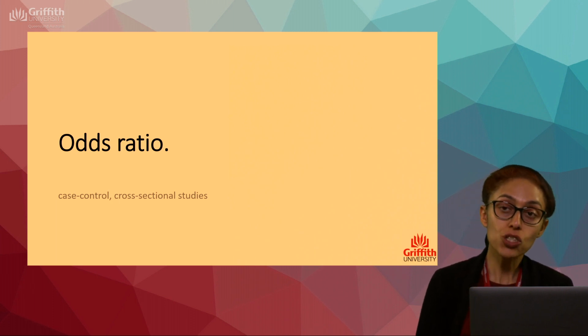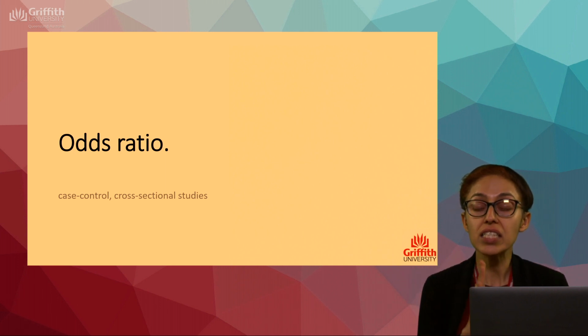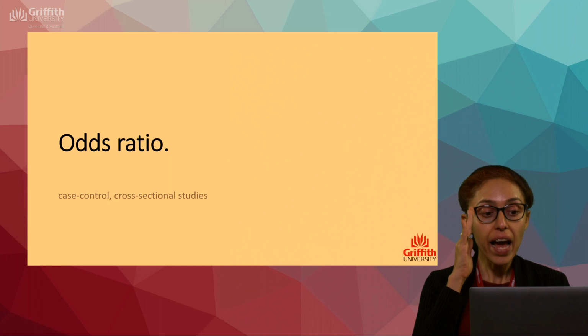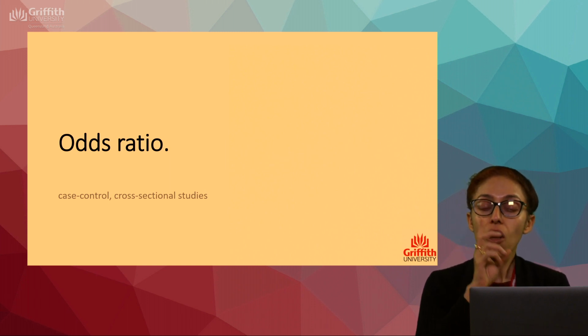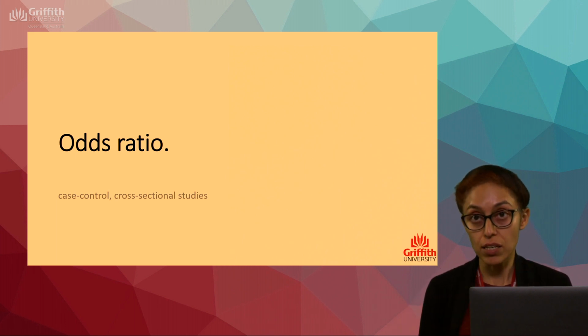Remember, odds ratio is something which you will predominantly find in your case control studies and cross-sectional studies, and you calculate odds ratio when you cannot calculate the true incidence. You are already studying people with that disease condition.